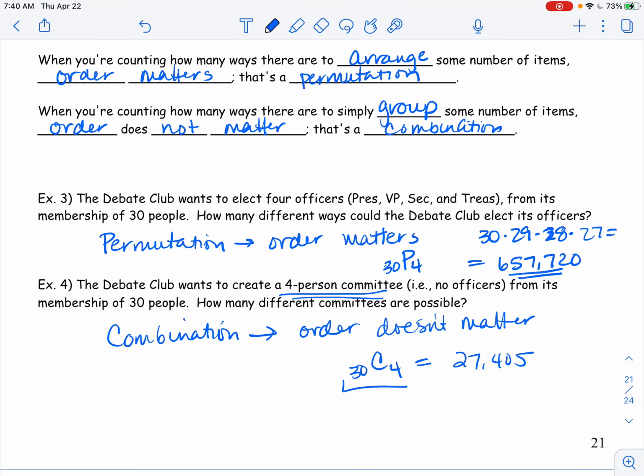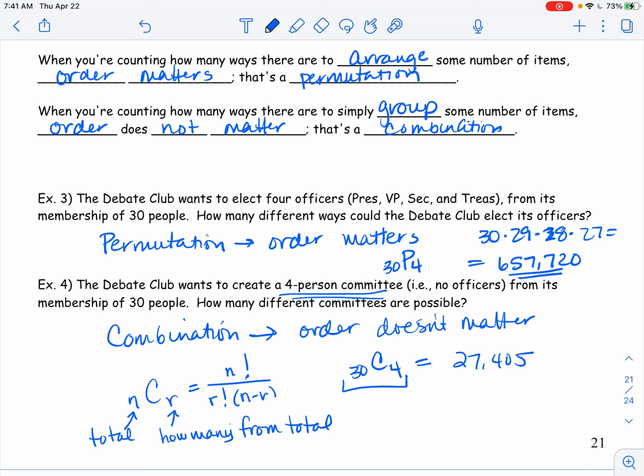There is a formula for combinations, and that is this. N is the total, R is how many you want to select, and this is equal to n factorial divided by r factorial times n minus r factorial. Now, we're not going to really take a look at this factorial notation, but what this does is it multiplies all the previous numbers down to 1.